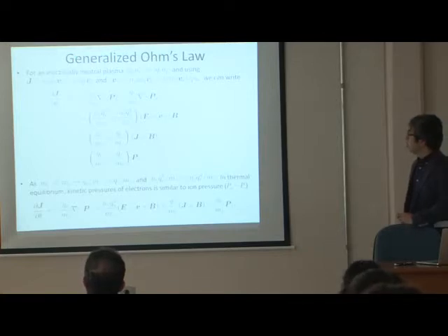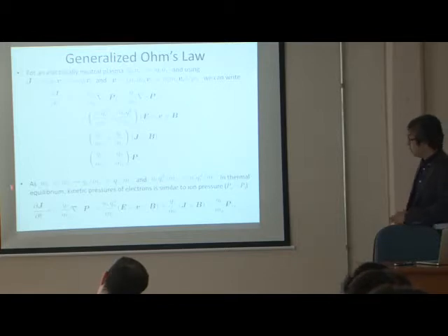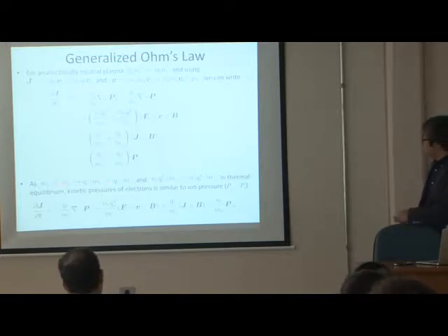Here we still see that the contributions of both the electron and the ion are coupled together. So we consider that the electron mass is much smaller than the ion mass, and in this case, qe over me is also much larger than qi over mi.